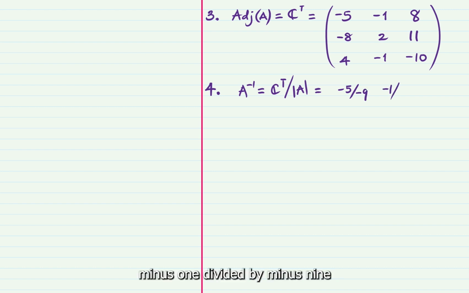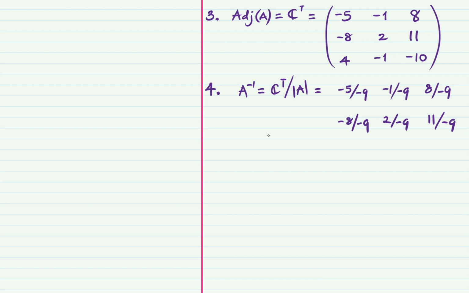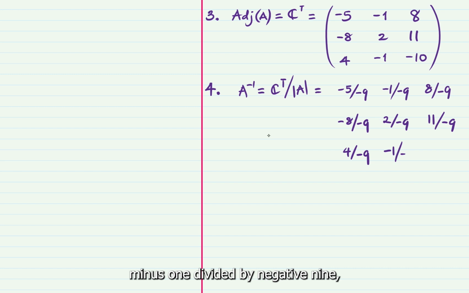Minus 1 divided by minus 9. 8 divided by minus 9. Negative 8 divided by negative 9. 2 divided by negative 9. 11 divided by negative 9. 4 divided by negative 9. Minus 1 divided by negative 9. Minus 10 divided by negative 9.